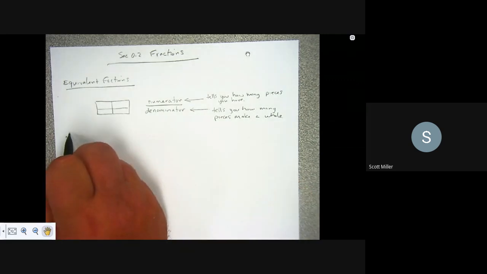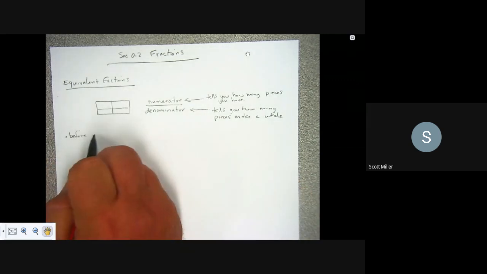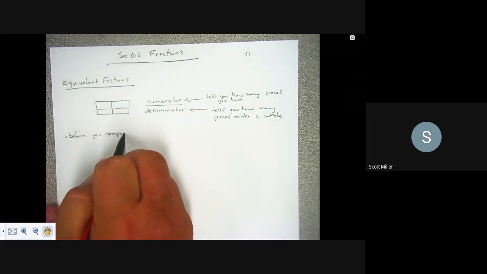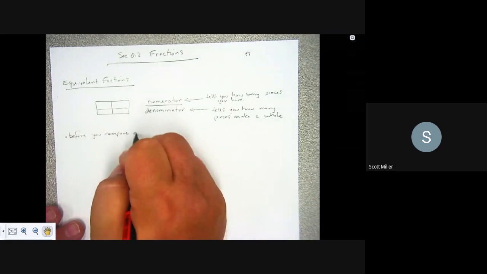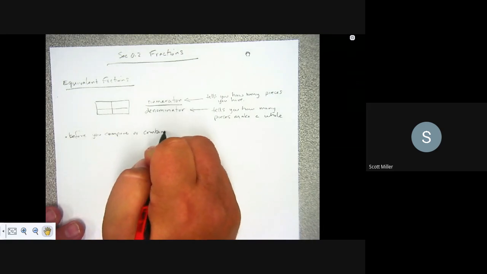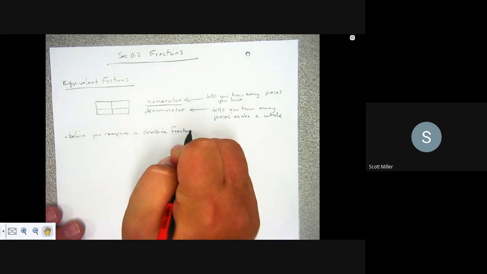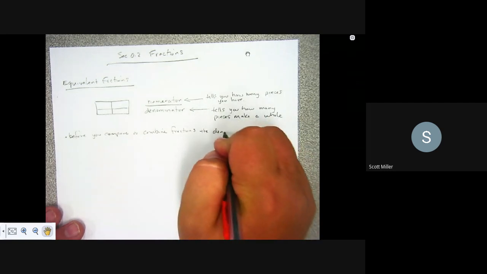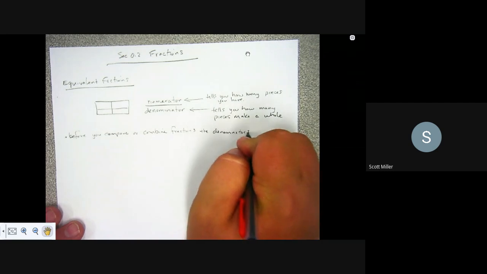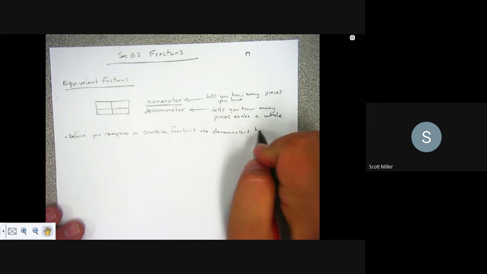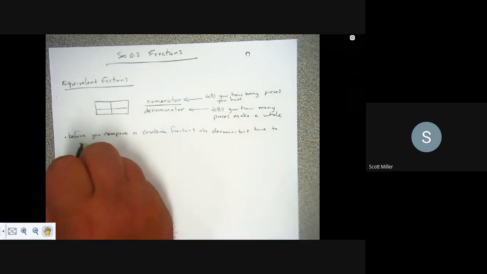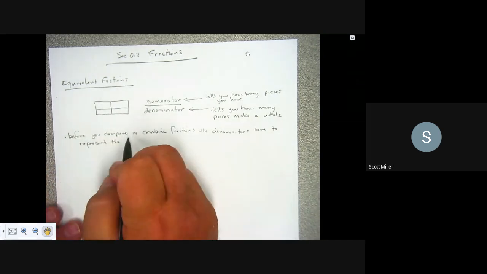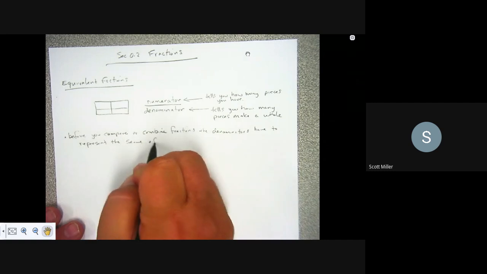So, before you can compare or combine fractions, the denominators have to represent the same number of pieces.